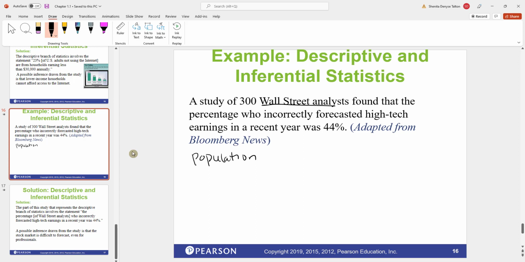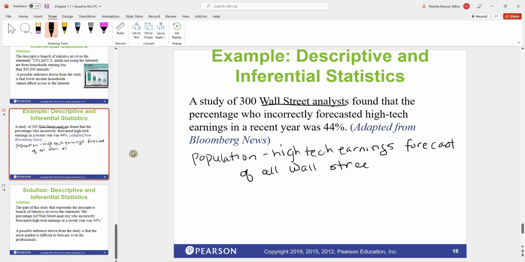We're looking at Wall Street analysts, so the population would be the high-tech earnings forecast of all Wall Street analysts.